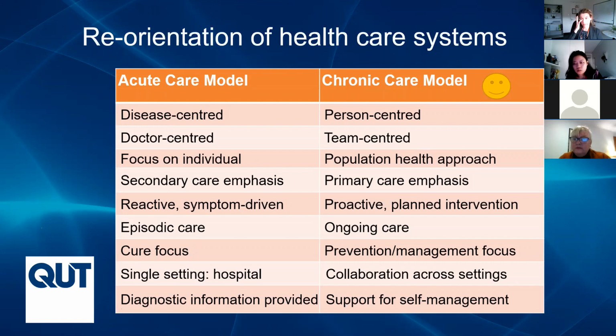We talk about being proactive, actually planning interventions to preempt what could happen to people and trying to prevent bad things from happening rather than reacting once they do. Providing ongoing care options, so referrals for long-term care, not just saying, okay, you're done in our clinic now, off you go. And really collaborating across settings, so putting the onus on the health professionals to organise themselves together rather than making the person do all of that heavy lifting themselves.